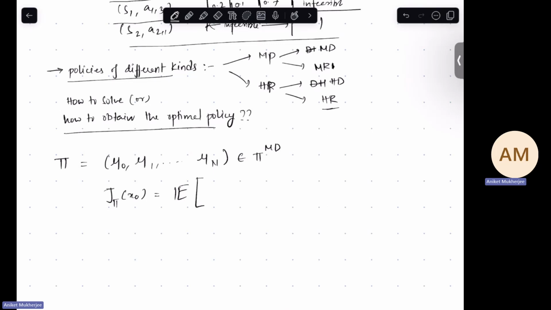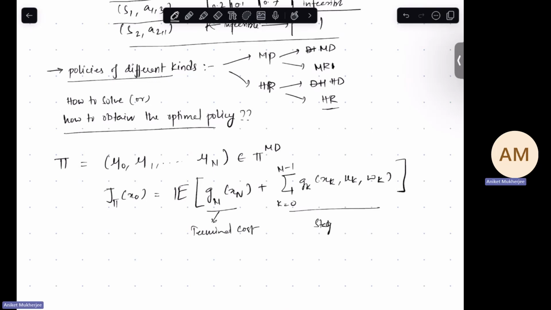So if we just go back and remember, we had a terminal cost plus stage-wise cost. So this is your terminal cost. This is your stage-wise cost.